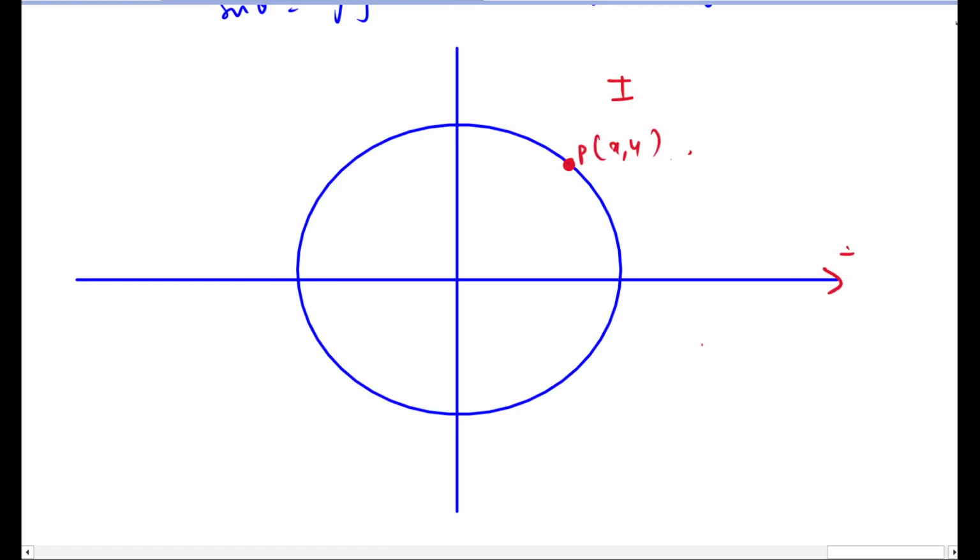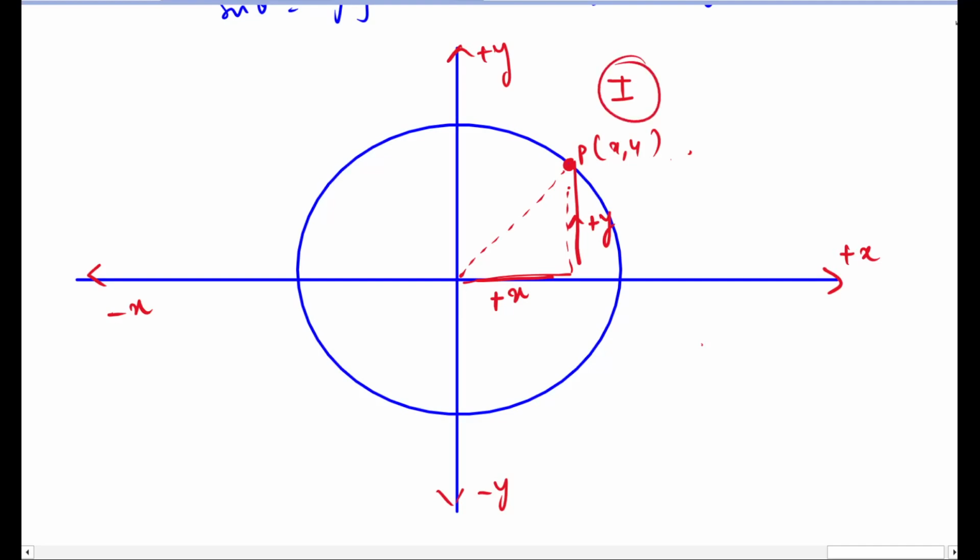This is the positive x-axis and this is the positive y-axis. This is the negative x-axis and this is the negative y-axis. If we construct a triangle, this is positive x and this is positive y. So we get cos theta is positive and sine theta is positive in the first quadrant.